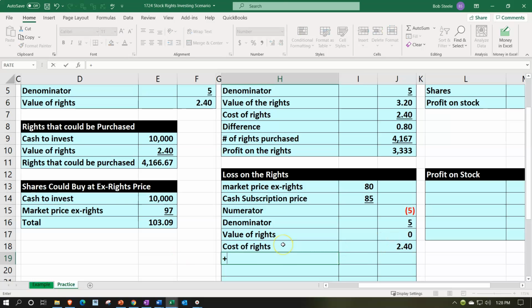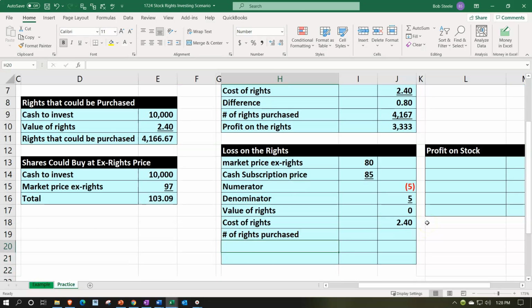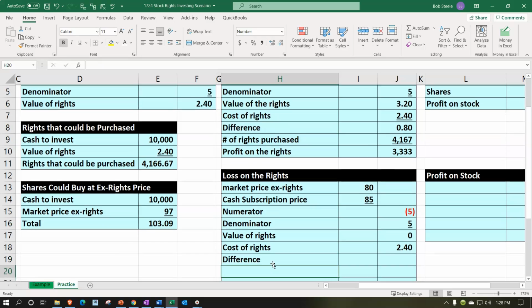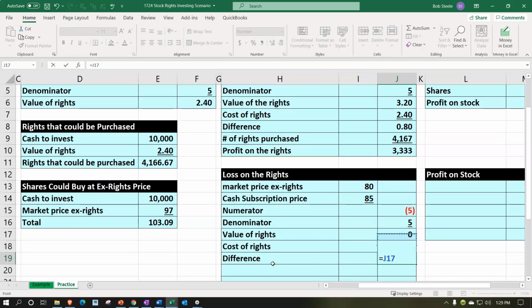Actually, let's say this is going to be the difference, which will give us that negative number, which will be this minus the 2.4, which is the negative 2.4. Add a couple decimals. So there we have that.